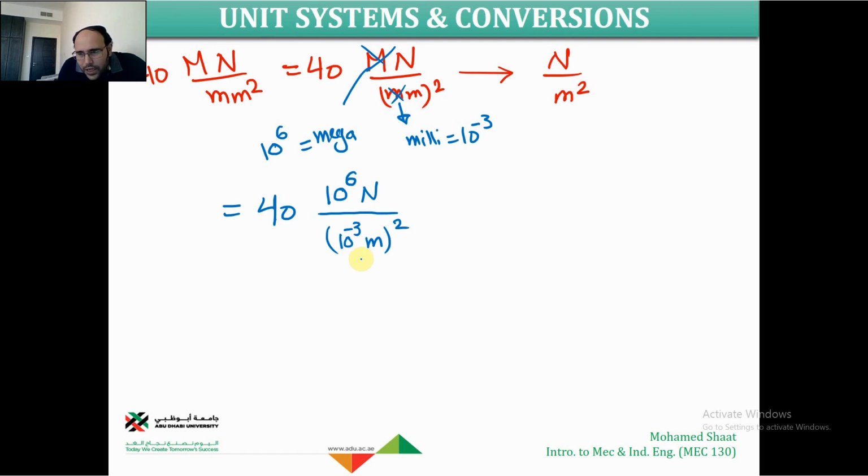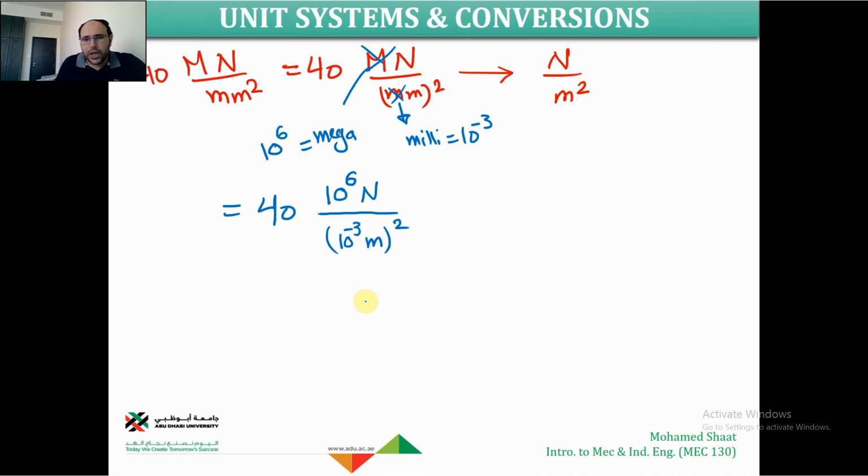I am multiplying, since this milli is located in the denominator, I'm multiplying times the unit itself. I'm removing this m, replacing it with its value, multiplying its value, which is 10 to the power negative 3. This is located in the denominator and would seem that you're already dividing, but in fact you are not dividing, you are multiplying by the value of the milli. Why? Because it had to be removed to convert to the new unit.